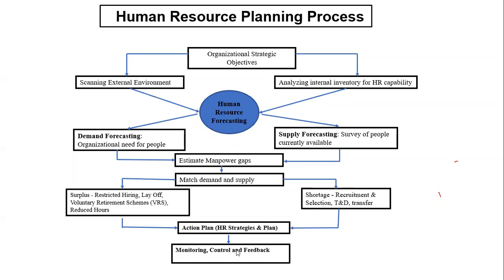Immediately after implementing, it is expected that the HR planner, and in this regard, the HR manager, will continually monitor the action plan they have put in place to verify if it is yielding favorable results.